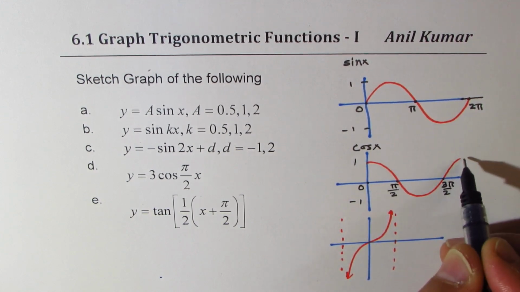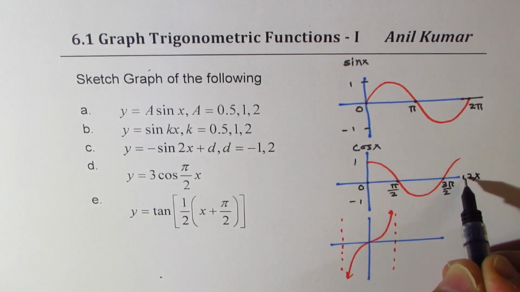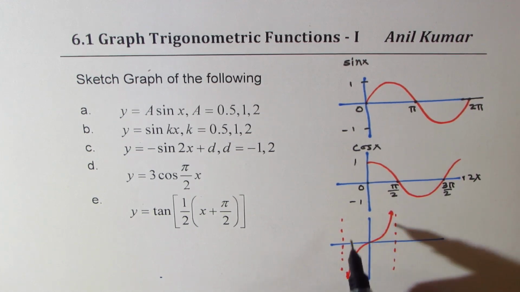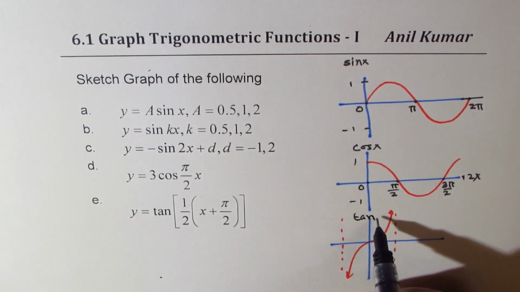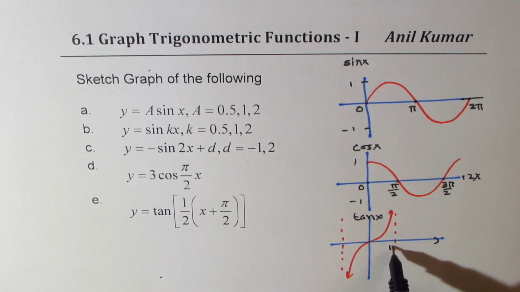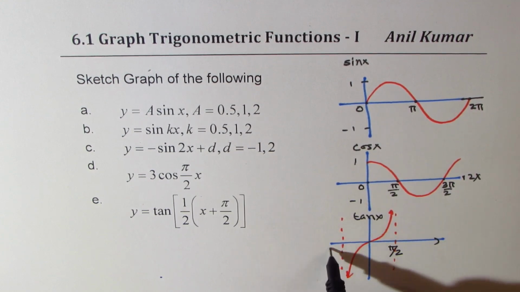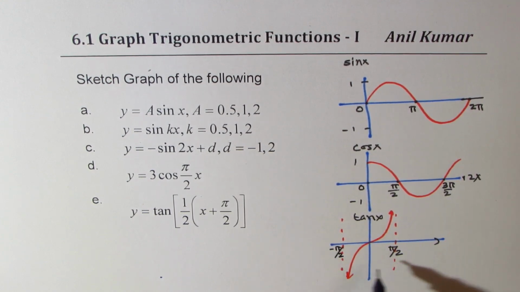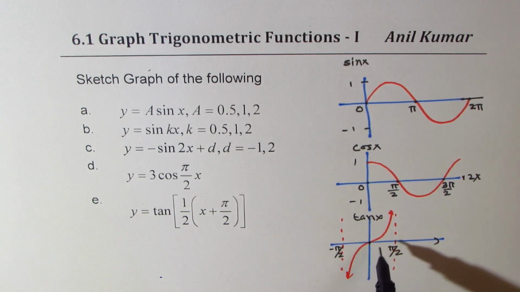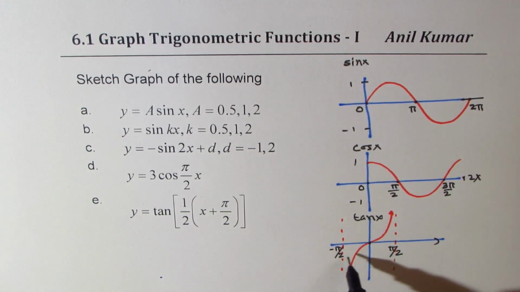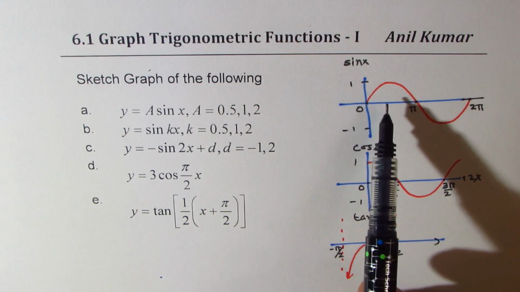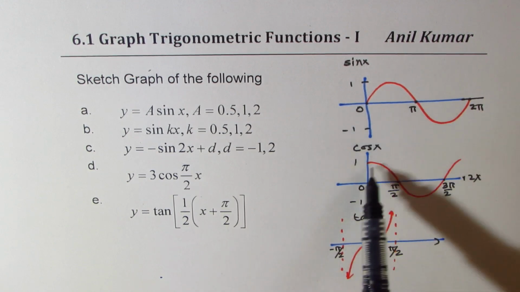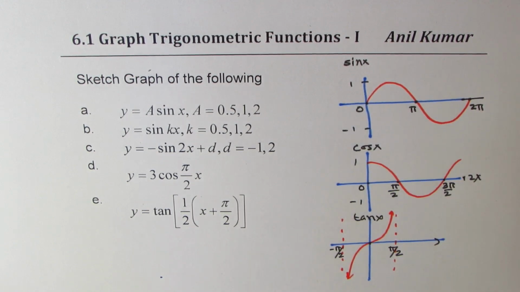One period is 2 pi for cos x. Right. As far as the tan x is concerned, we have vertical asymptotes at minus pi by 2 and pi by 2. The period for tan x is pi. Period for sine x, as you can see, is 2 pi, same as cos x, correct?